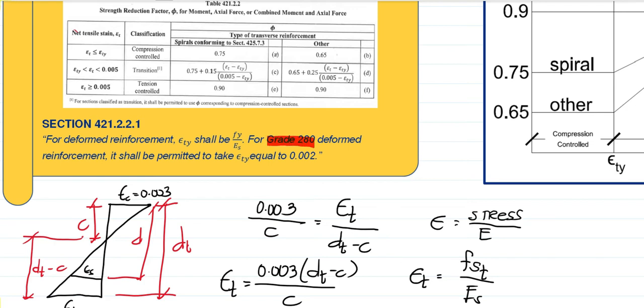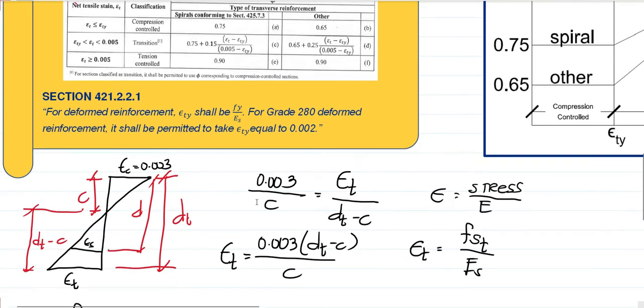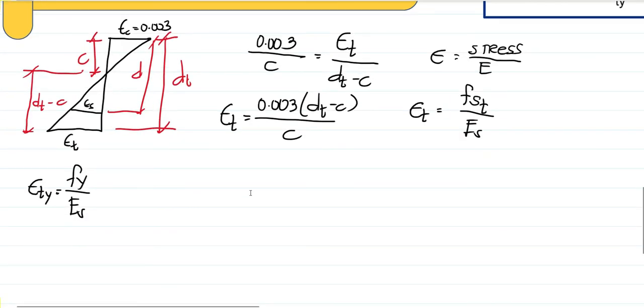You are given a grade 280, which is the 276 megapascal steel, or ito yung mga steels which are having an fy lesser than 400. So, pakita natin isa-isa. So, let's say, kasi ang mga fy natin na binibigay on our problems is, meron tayong fy which is equal to 414 megapascal.